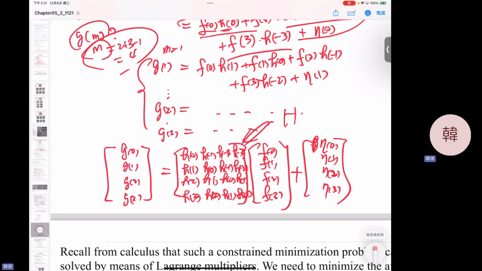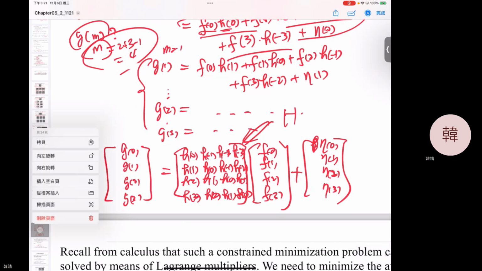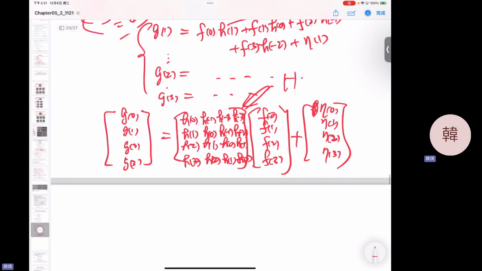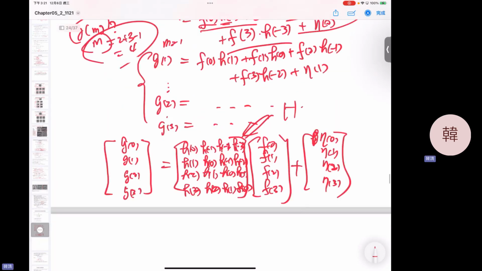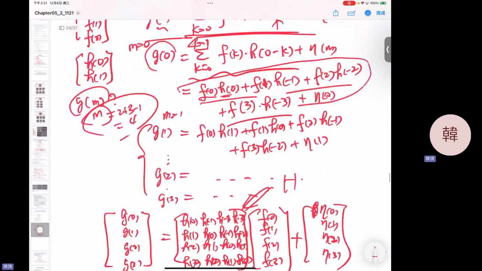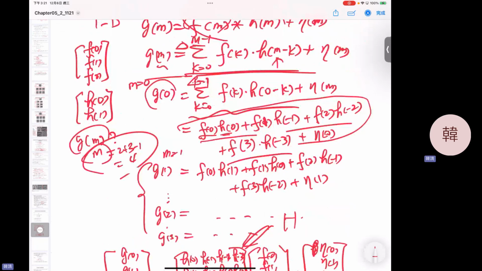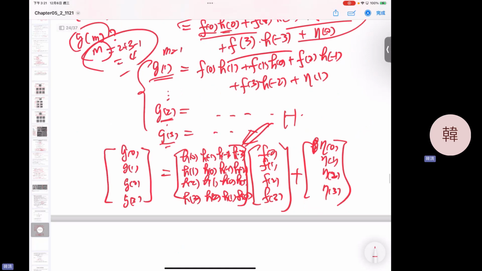Let me add one more page. Okay. Is that okay so far? We just derive by the definition of convolution here. Vector convolved by vector. And you extend all these output components: G0 is the output component, the second, third one, fourth one, and we can pop up like this.